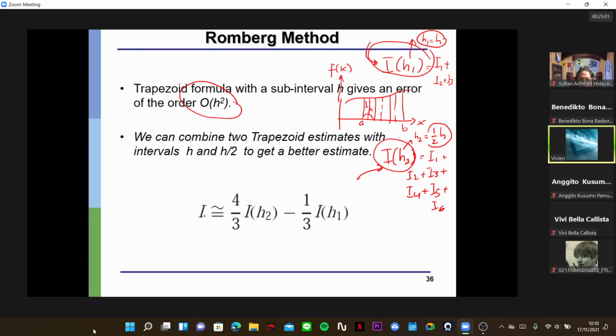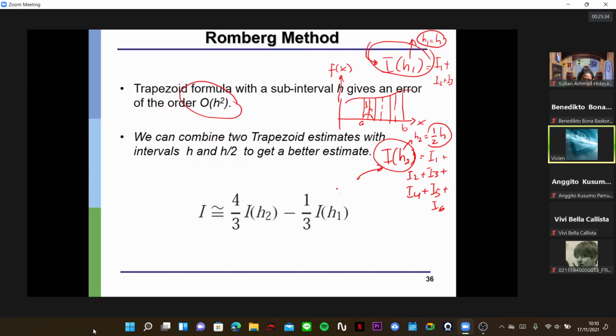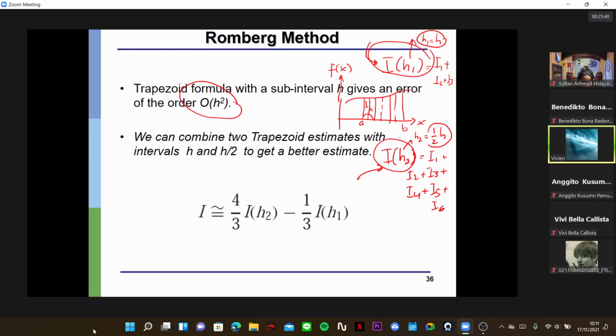We calculate the new integration approximated by 4/3 of the integration area calculated with the segment length of H2, minus 1/3 of the integration area calculated with the segment length H1. So we combine the calculation with fewer segments and the calculation with more segments, and when we do this we have a higher order scheme.